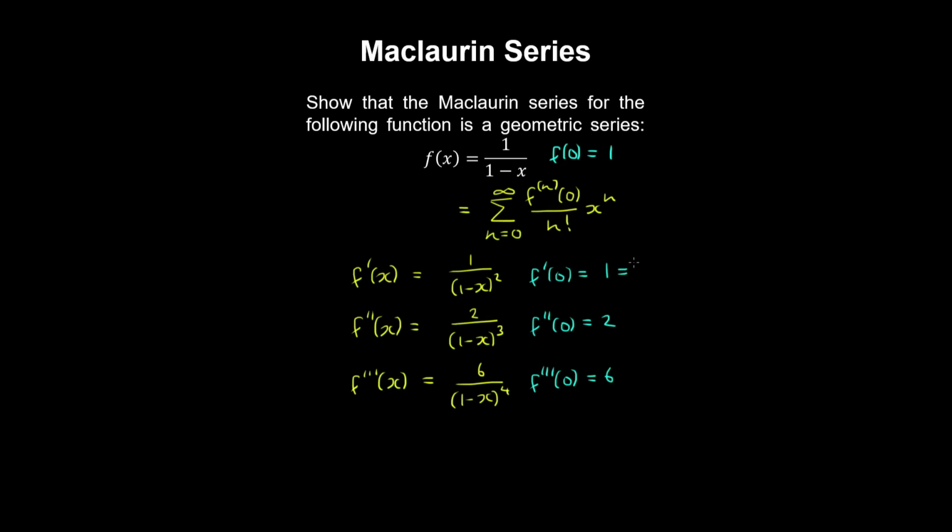And you can see that these are factorials. And now we can write out our expansion of the function. So that will be f of 0 plus the derivatives on the factorials by x to the power of n.